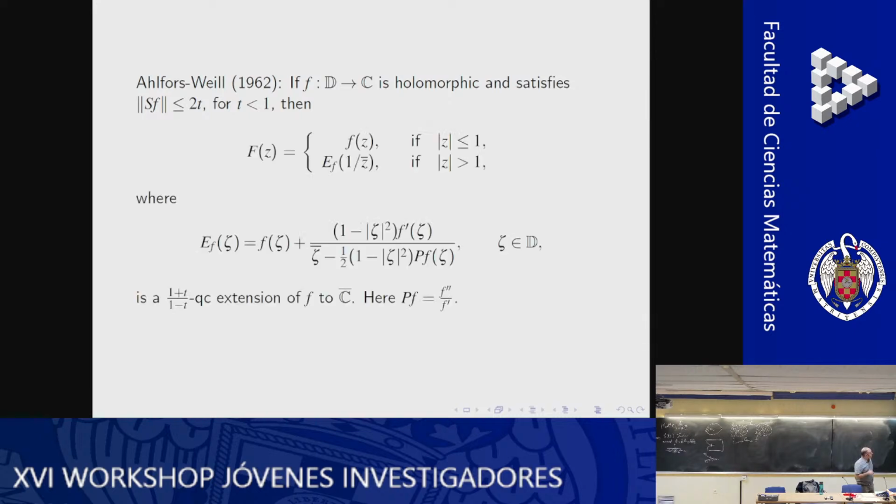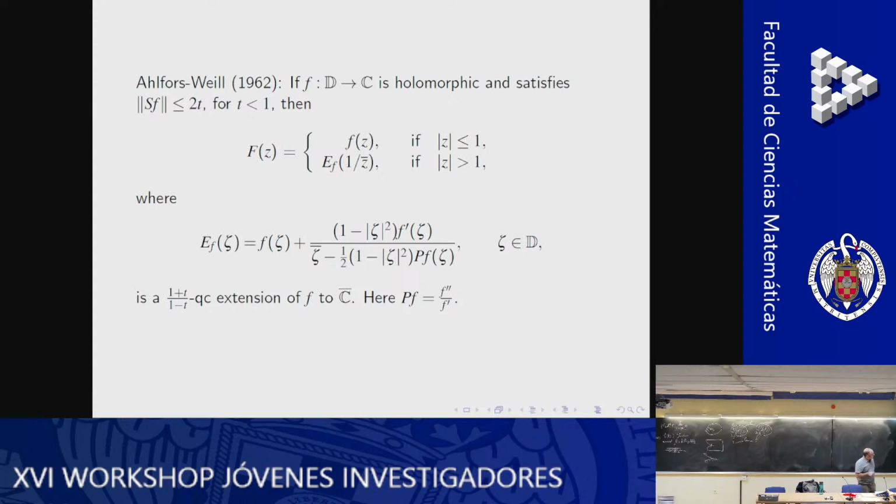Well, here is the formula. First, Ahlfors and Weill proved that it can be homeomorphically extended up to the boundary. So, yes, you have f up to the boundary. And then for a point outside, you bring it inside with a reflection, and you apply this formula. This is the quasi-conformal extension.